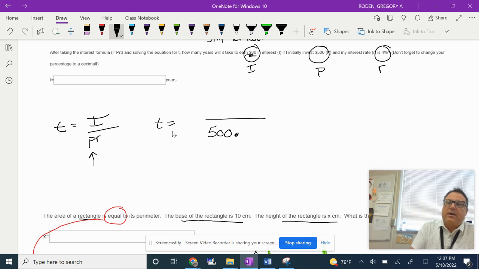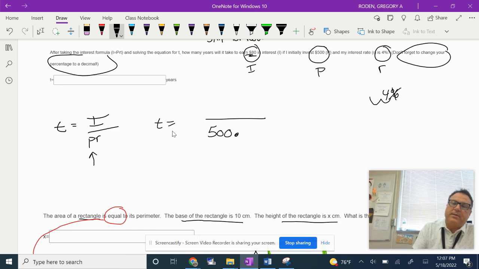Our rate is 4%. And how do we change a percent into a decimal? Because it says you need to change your percent to a decimal. You move it 2 places to the left and drop the percent sign. So this is going to be 0.04. So this is 500 times 0.04, and the interest is $80, so our interest is 80 on top.